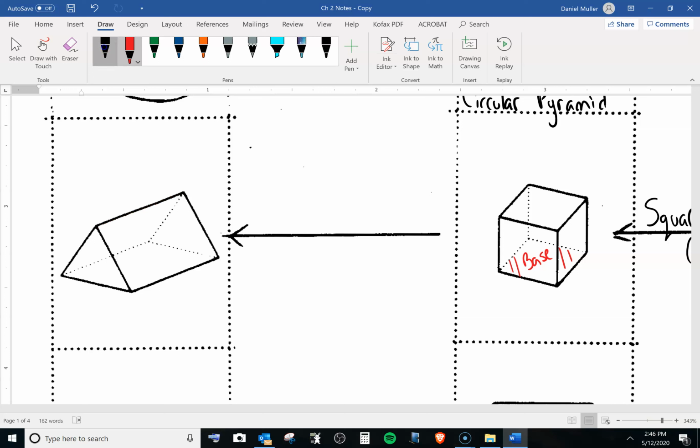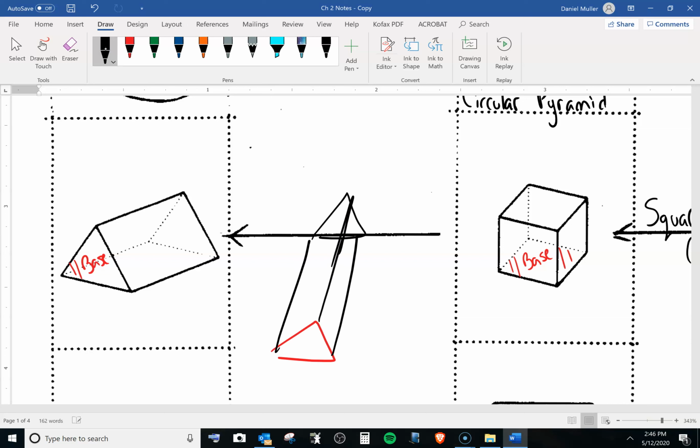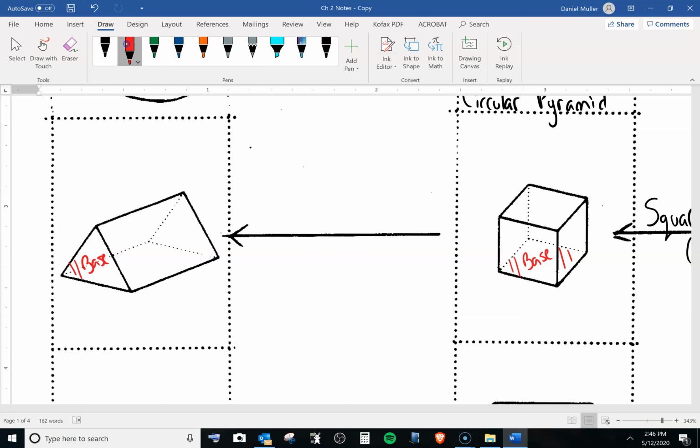So it's very strange, but this is actually the base. It's just been moved over. So really what this thing looks like is something like this. This is the base, and it just kind of goes up like that. But in this case, it's kind of been pushed over. So that's the base, and it all goes up normally.